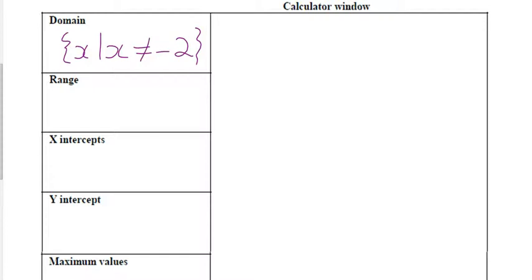So what's the domain? X cannot be equal to -2. Y cannot be equal to -4. If x were -2, then y would be -4 in a more simplified version of things.